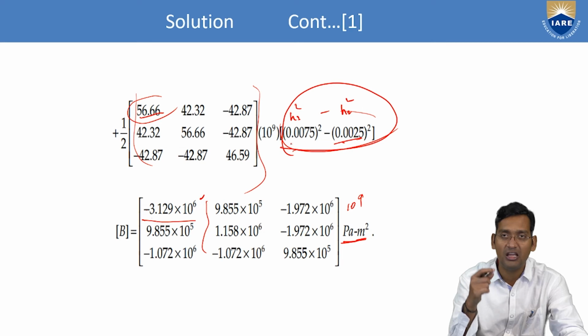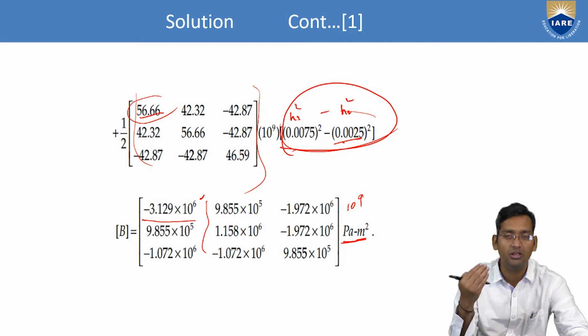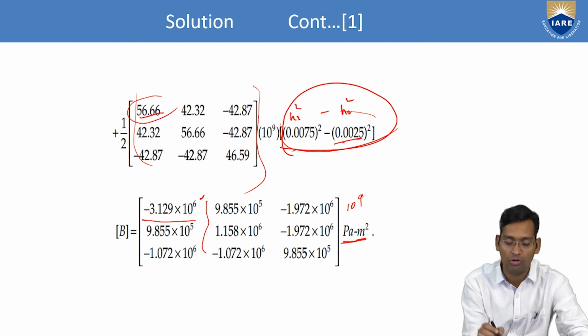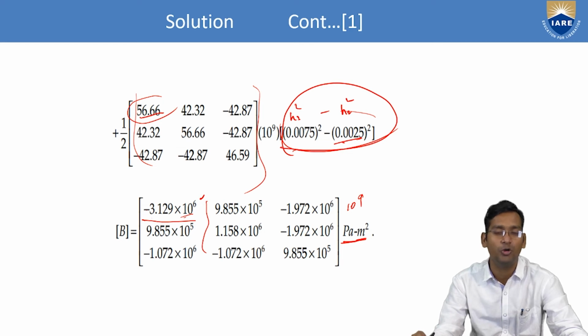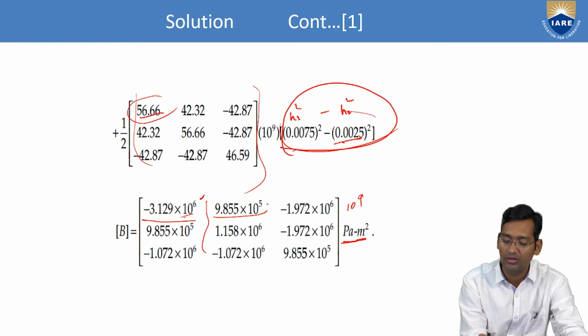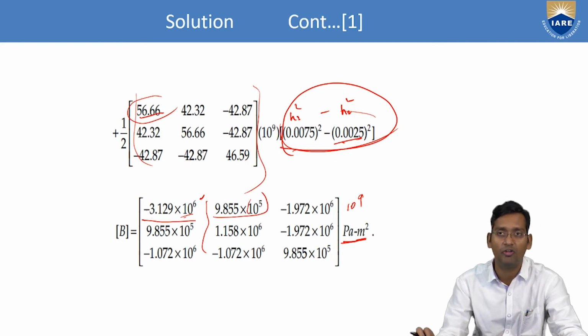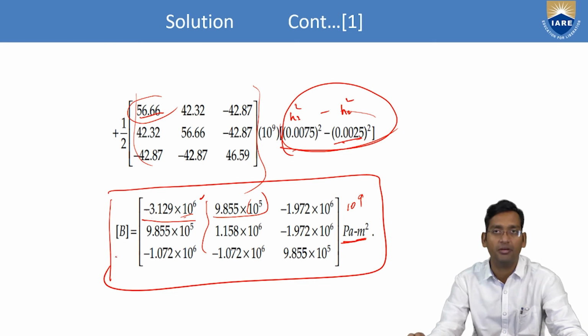Because the small value, we are squaring it, so it becomes even smaller. The smaller you multiply, the whole value becomes even smaller. So that's why that 10 to the power 9 becomes 10 to the power 6 here. In the same way here it will be 10 to the power 5. So this is the coupling matrix.